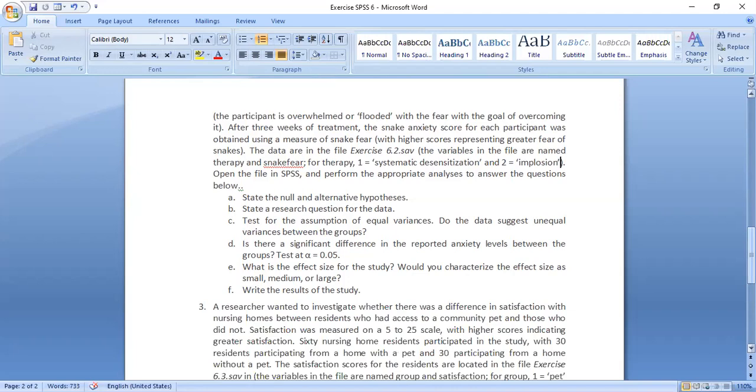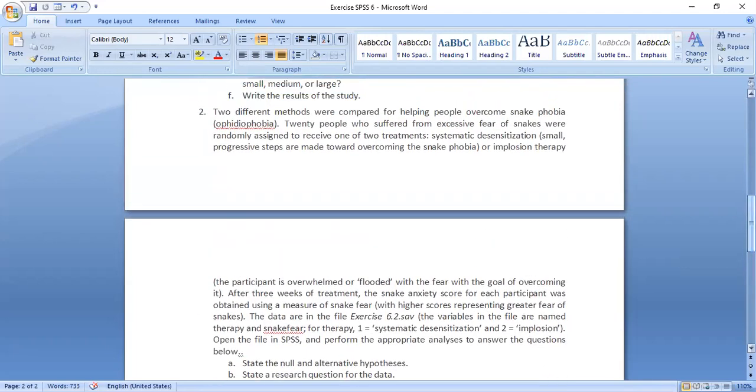Now, coming to the question once again, before we start talking about the answers, there's a question on two different methods being applied, or therapies being applied, to overcome snake phobia. And we have got 20 people who have been suffering from excessive fear of snakes and randomly assigned one of the two treatments.